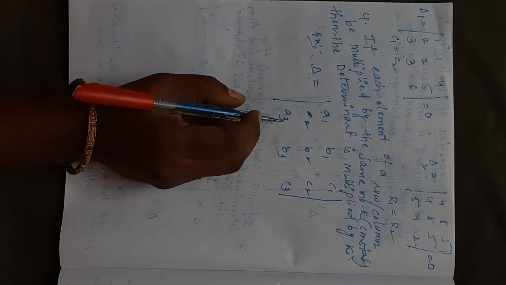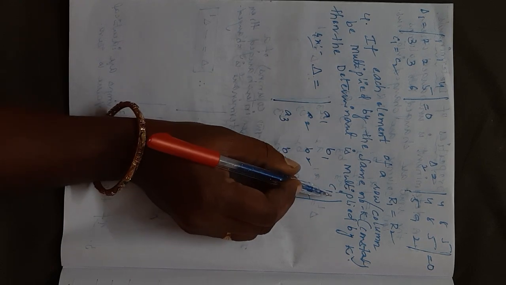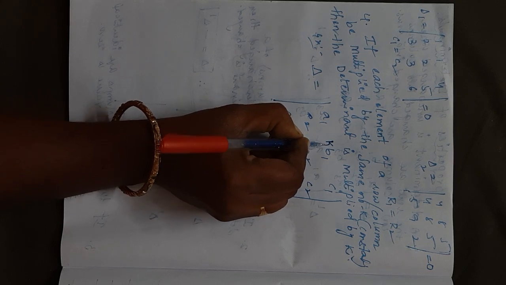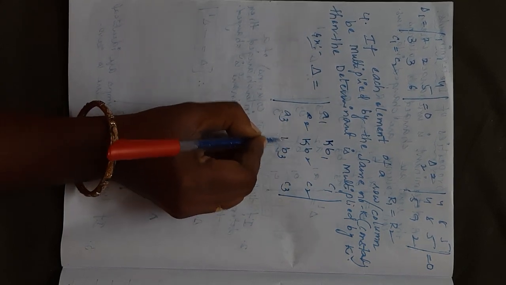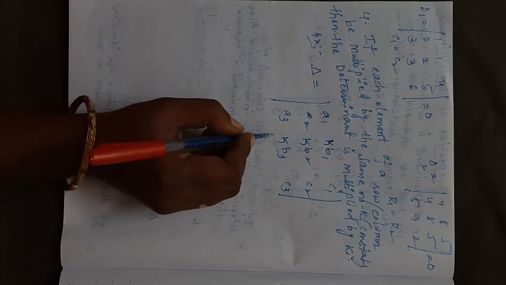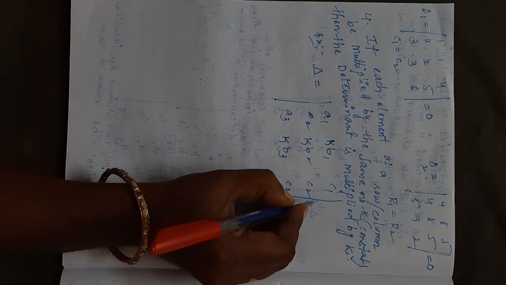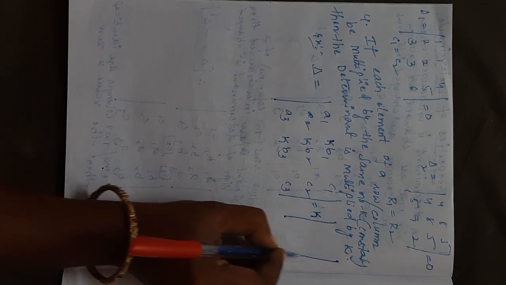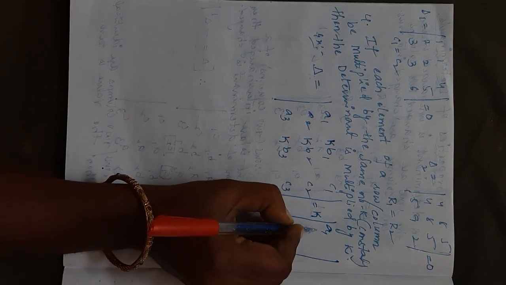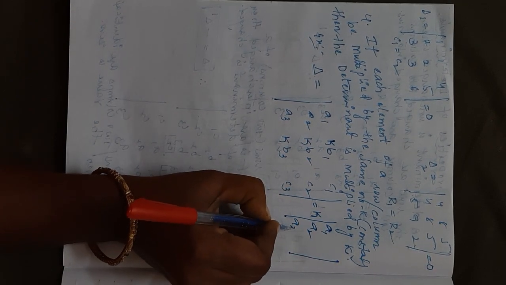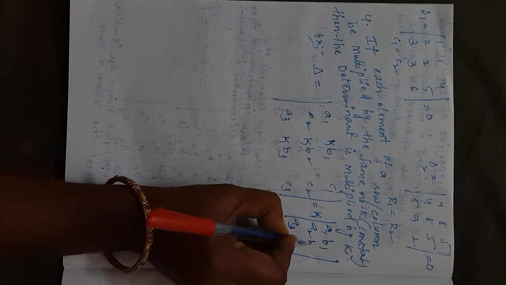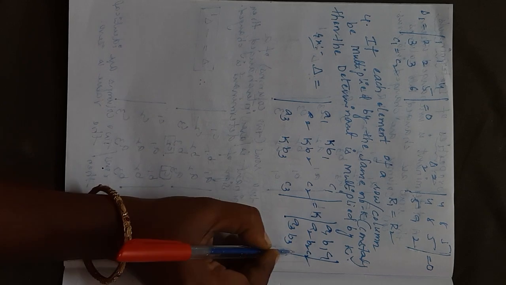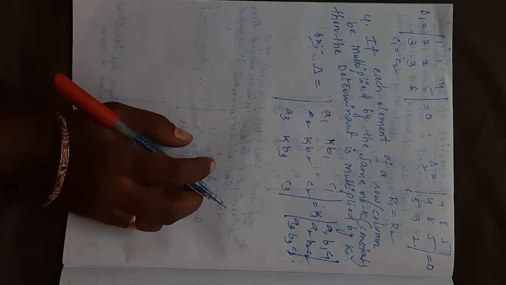Suppose you multiply any row or any column with the same constant k, like this, k into b1, k into b2, k into b3, then we can write directly k common తీయచ్చు. k common తీస్తే you will be getting a1, a2, a3, b1, b2, b3, c1, c2, c3. Like this you can write.